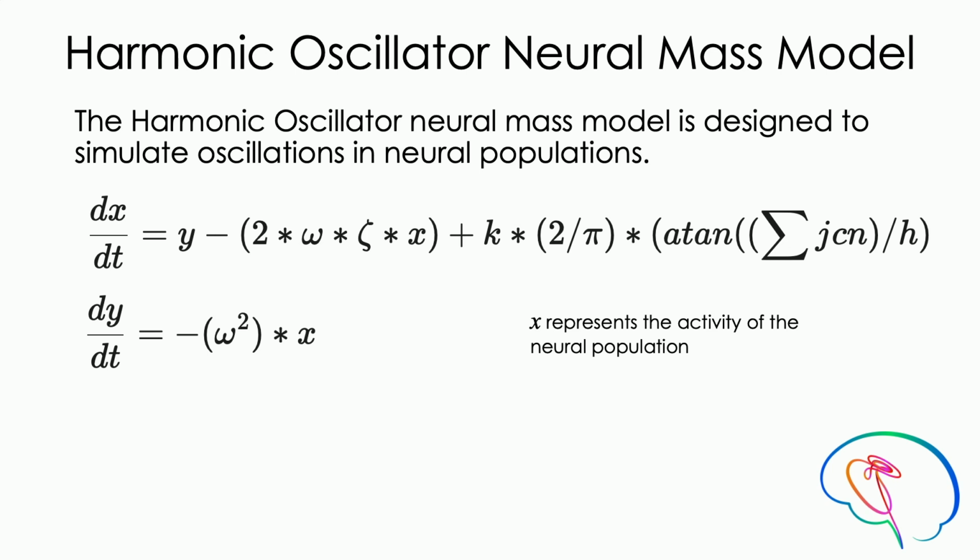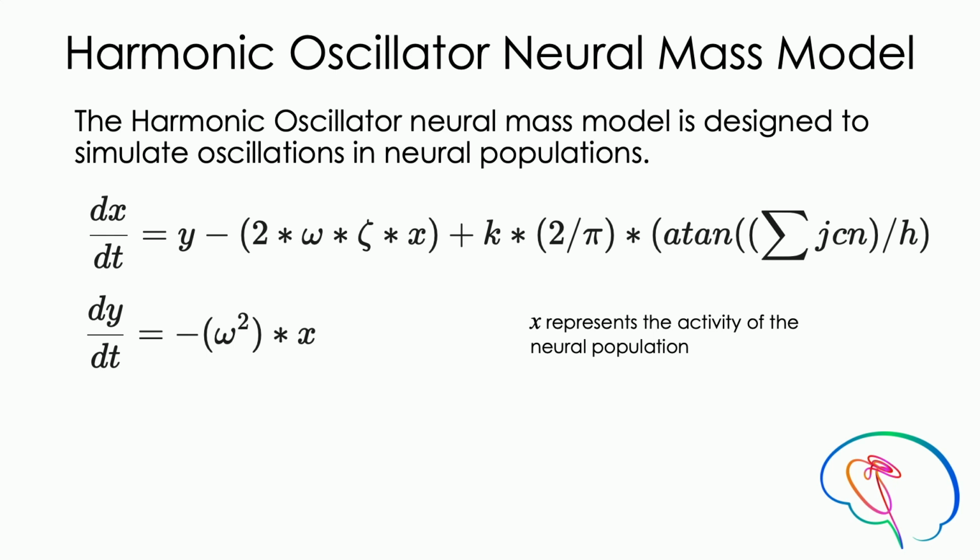If you know differential equations, you can see that dx/dt is equal to y, and then dy/dt is minus omega squared times x, which means that if you take the derivative and plug it in, you get a harmonic oscillator differential equation, right?